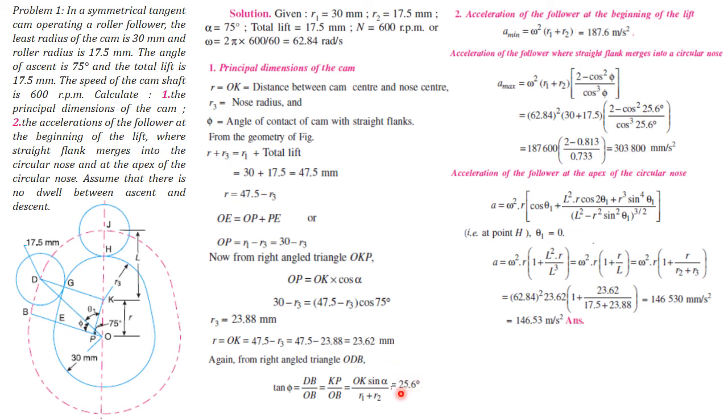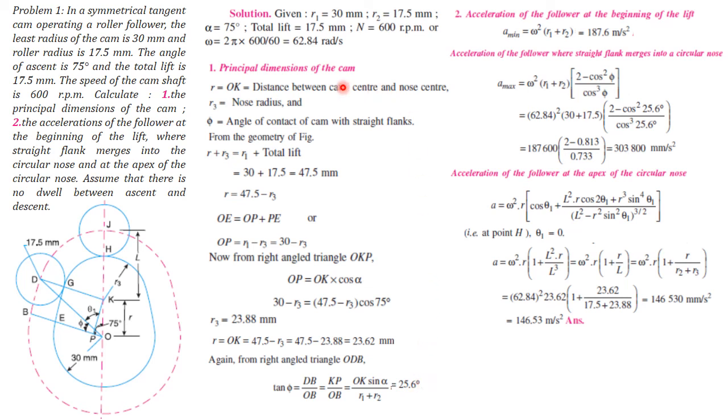Okay, so I have written here directly equal to tan alpha, but this value is nothing but tan phi, and phi comes to us as 25.6 degrees. So we can say that when the follower moves on the surface of flank, the straight flank, the angle turned is equal to phi, and phi comes to us as 25.6 degrees.